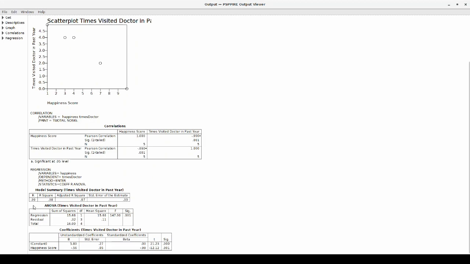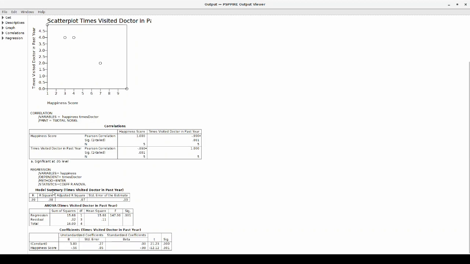Now, later on in future courses, you might have more than one predictor variable in what's called a multiple regression, and this R will change. It won't match a bivariate correlation as much, but for right now, when we have just one predictor variable of happiness, this R is going to match except be positive. It's the absolute value. We're also going to see in this table the standard error of the estimate, which we will get to a little bit later in this lab, but it is an important piece of information.